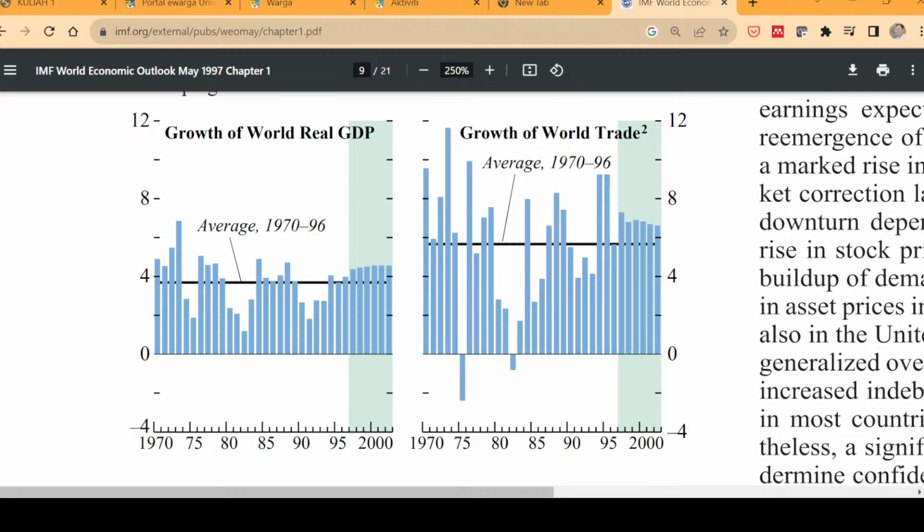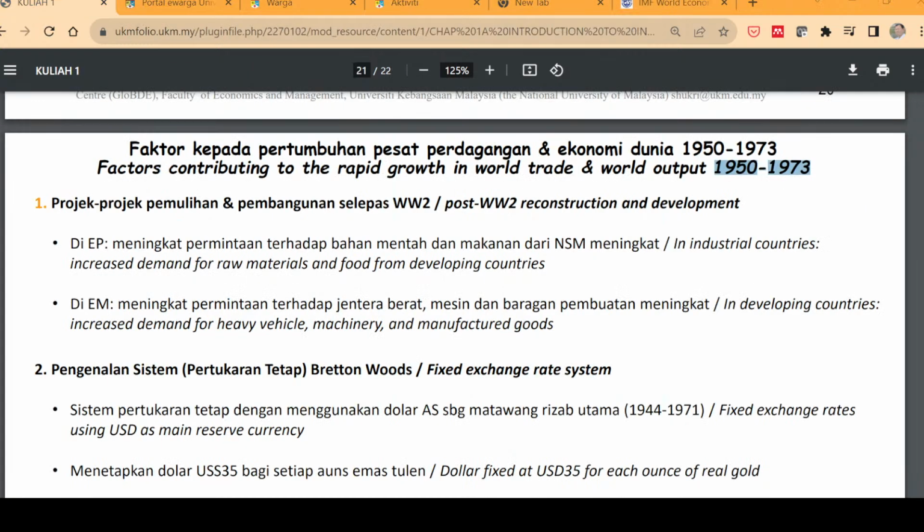Don't get confused, it's not division, it's the same thing. 1950 to 1973.